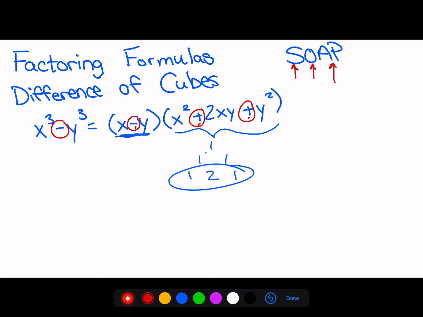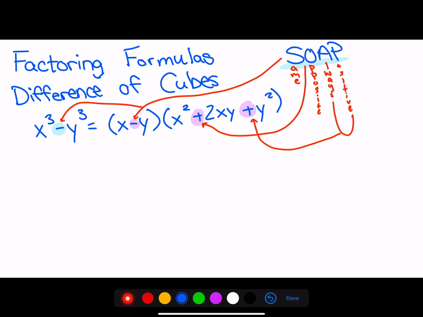Same, opposite, always positive. It deals with the signs that we're dealing with. As for the rest of it, we have Pascal's triangle in the second portion. In the first portion, we just do x minus y. Whatever x is, and whatever y is, we just do x minus y there. So, again, knowing SOAP will be very useful for you guys. It just stands for same, opposite, always positive, and it's always dealing with what we start off with. So if it's difference of cubes, we start off with whatever problem they give us.